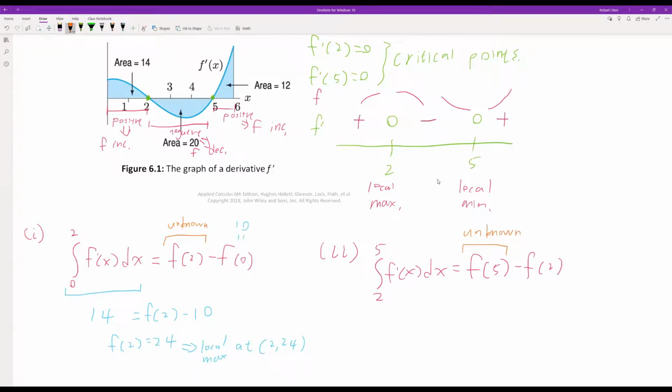Okay, now let's look at the area for the definite integral. The area under the curve between 2 and 5 of f prime is 20. But notice that this area is actually under the x-axis, so that's going to be a negative 20 for the definite integral, which is equal to f of 5 minus f of 2, which is 24 from part 1.